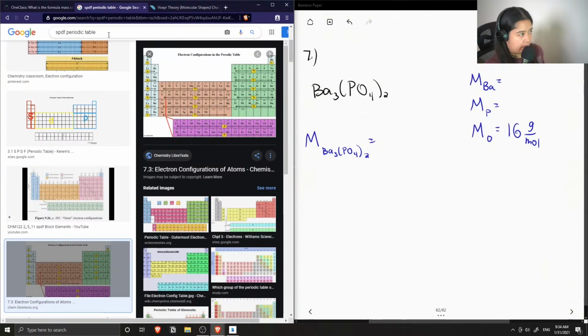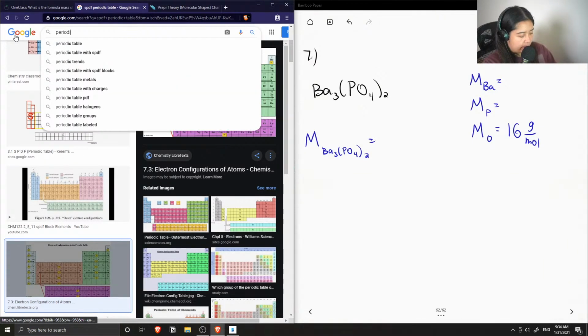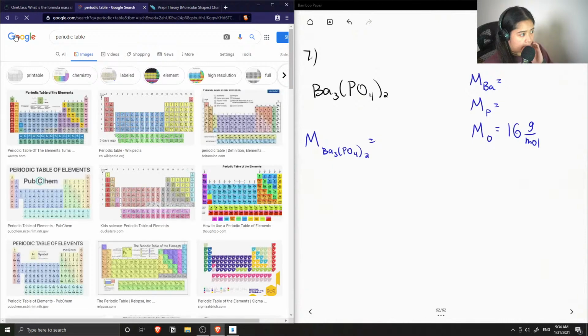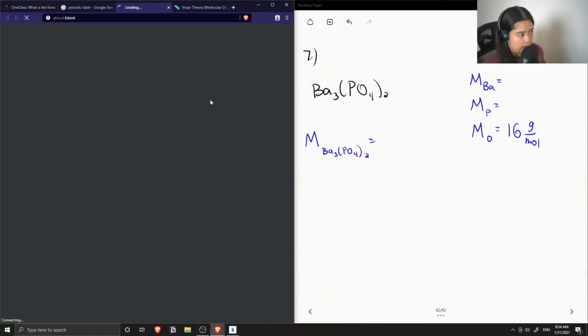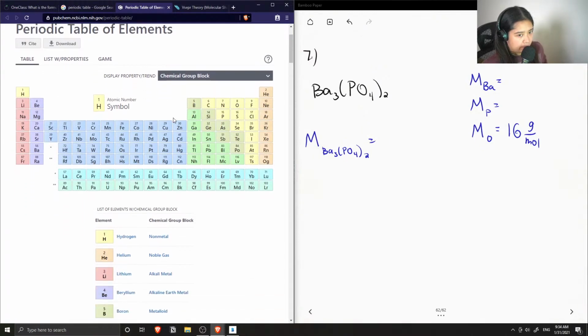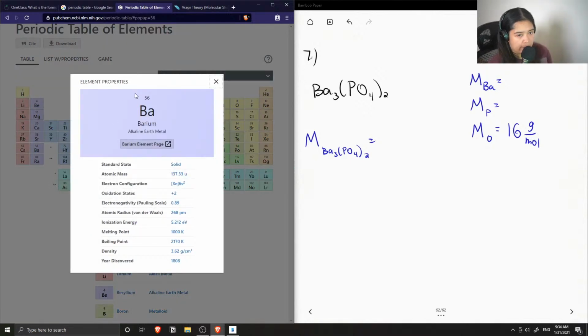Okay, so using a periodic table, let's click on this one. We can find out its atomic mass or molar mass of each of these elements.